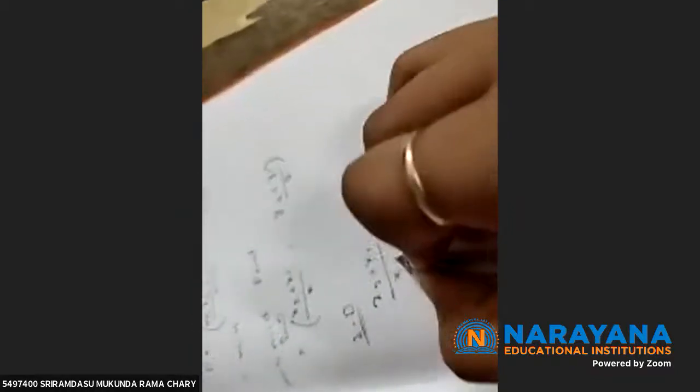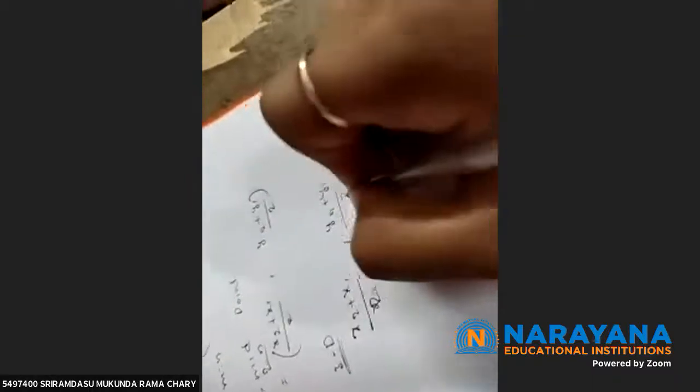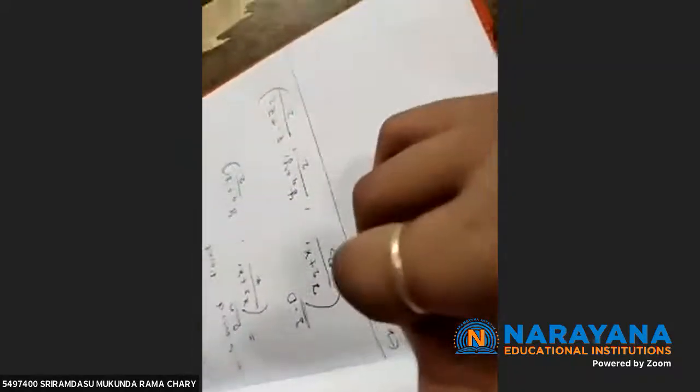This is the formula. For 3D, z1 and z2 will be added, so x1 plus x2 by 2 comma y2 plus y1 by 2 comma z1 plus z2 by 2. This is the formula. And now we see the examples of this one.